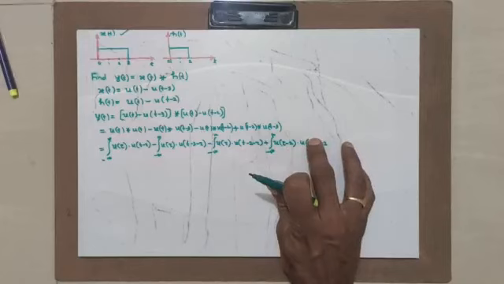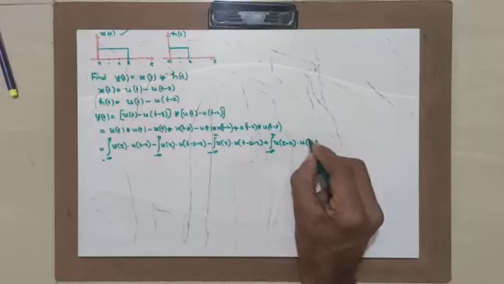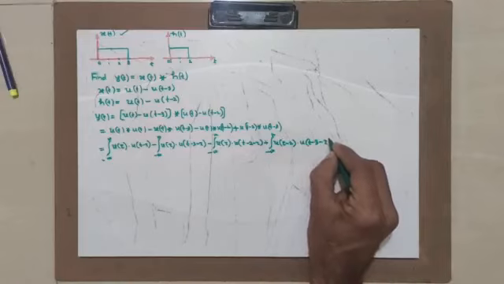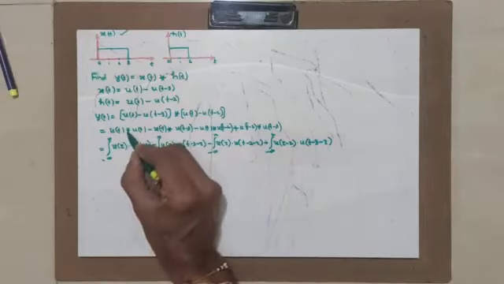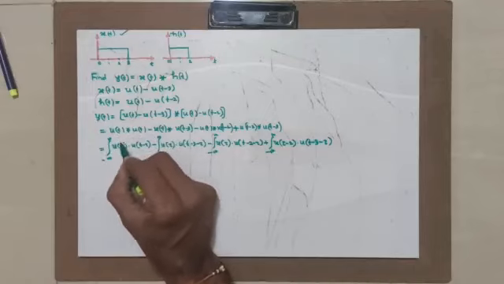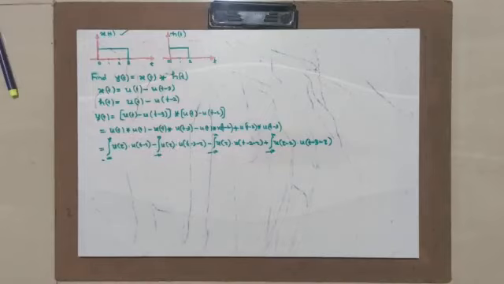Sorry, here it should be t minus 3 minus tau. This is how I have put the definition of convolution into integrals like this.